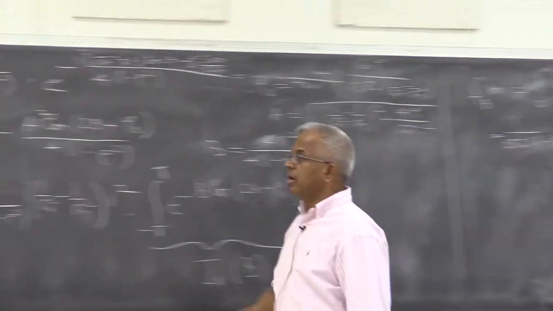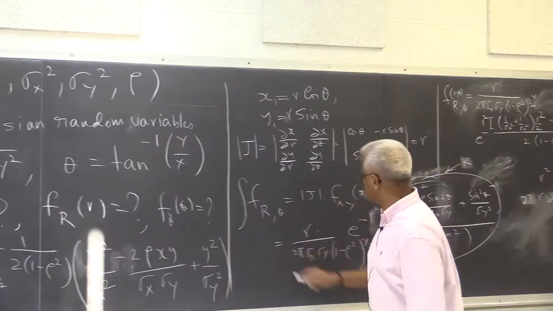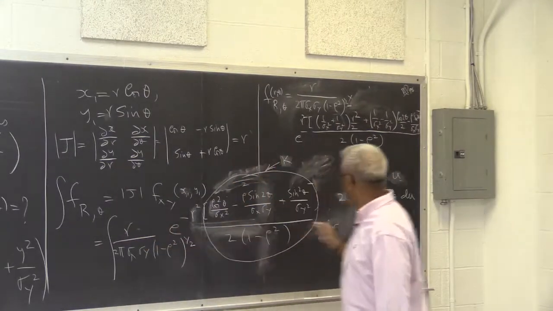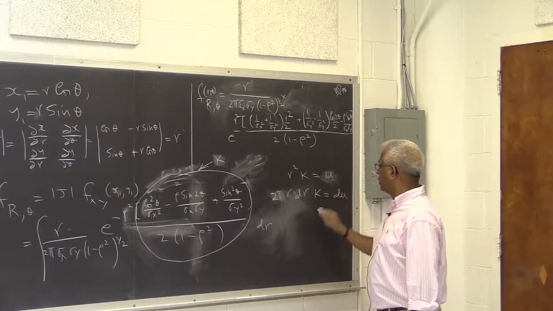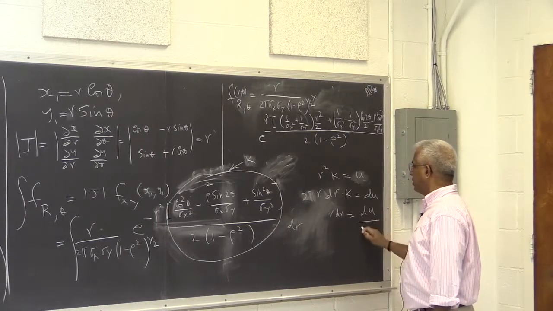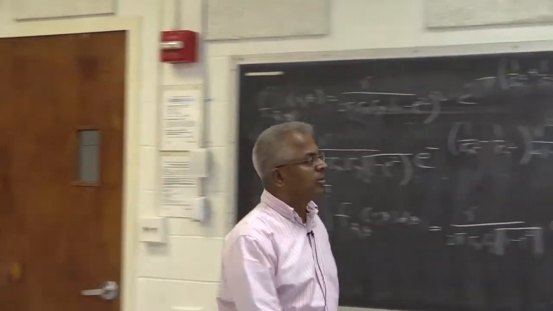Notice that you have r dr here, so when you integrate, r dr is going to be du divided by 2k, which is what I'm going to substitute here.